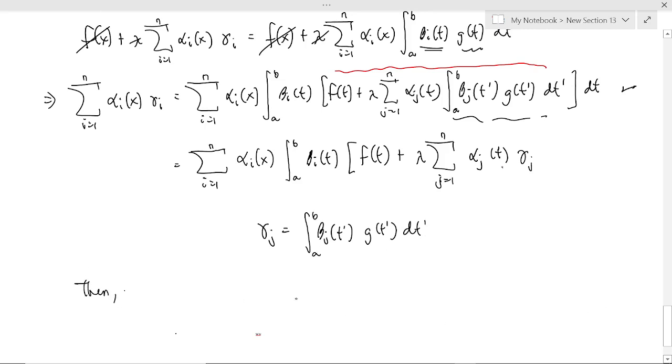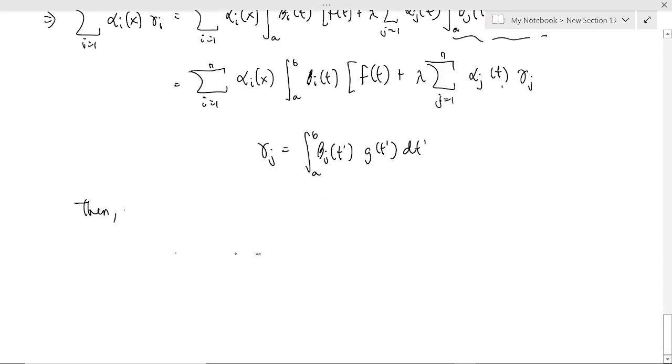Then we can write this equation as the sum of alpha_i as a function of x, from i equal to 1 to n. We just have to transpose everything to the right hand side.